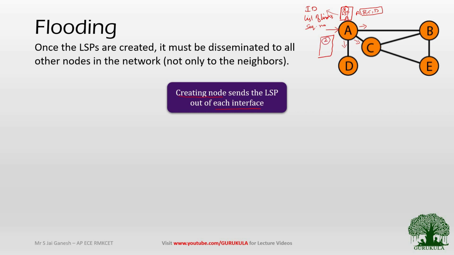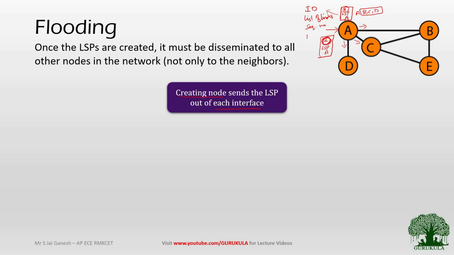So this sequence number will help us to identify which one is the new LSP and which one is the old LSP. This is again the LSP created by A after some modification on the network.